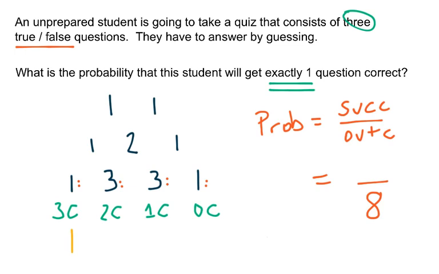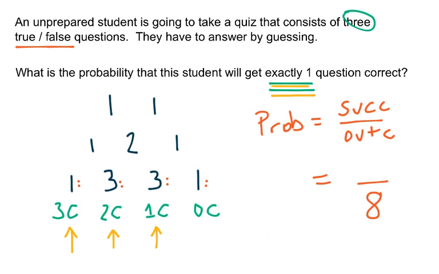I go looking across and I see here, that's the number of ways to get 3 correct answers. That's not a success here because remember, I need to find the places where they get exactly 1, no more, no less, correct. 2 correct answers. No, those 2 outcomes are not successes. There are 3 ways to get 1 question correct, and that is what I'm looking for.